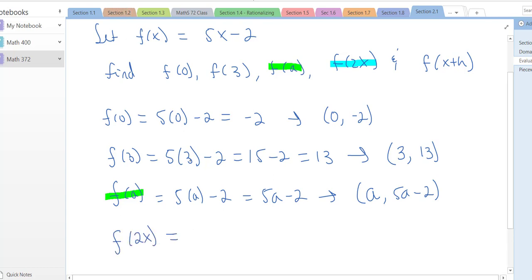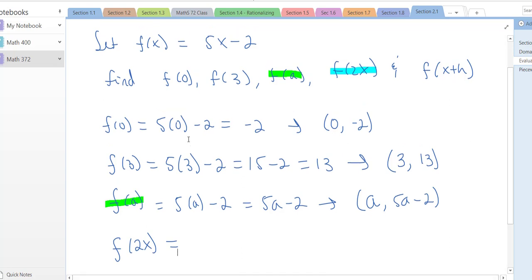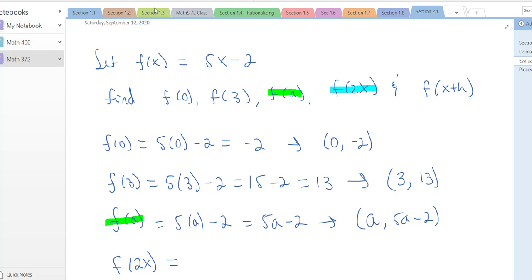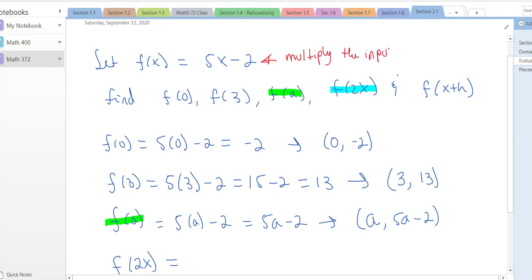Remember as we said in words, and I'll write it up here, you take the input, so you multiply the input by 5, and then what do you do? Then subtract 2.